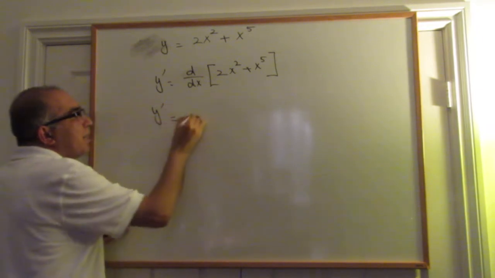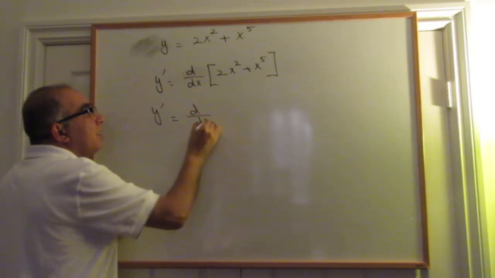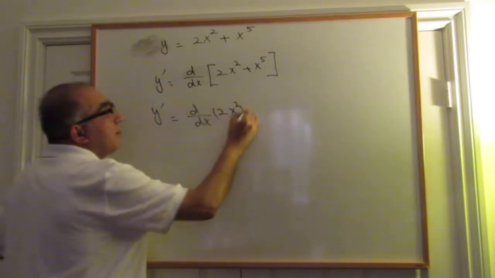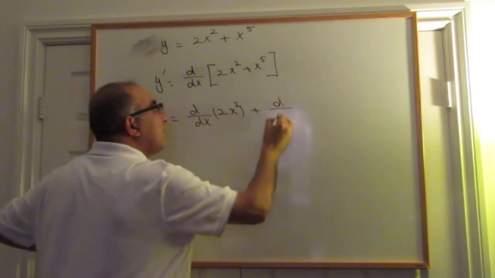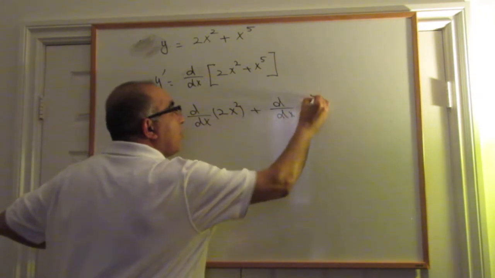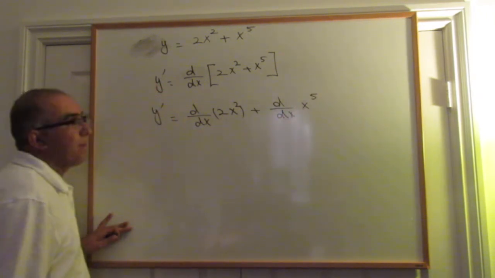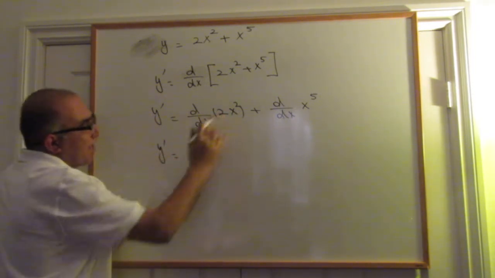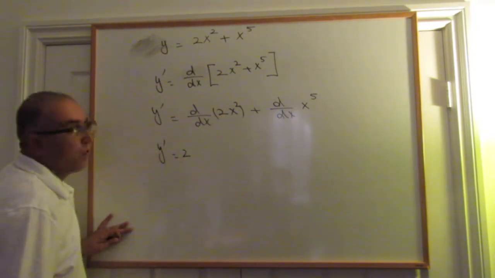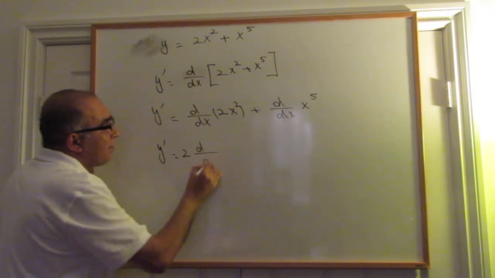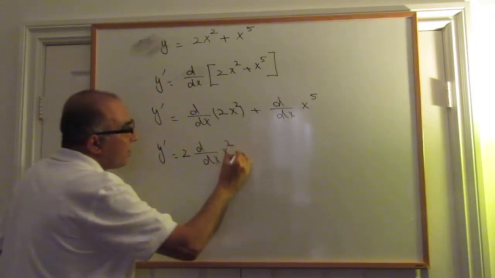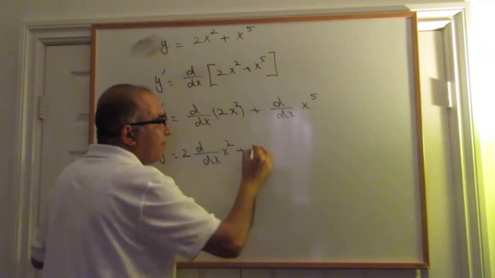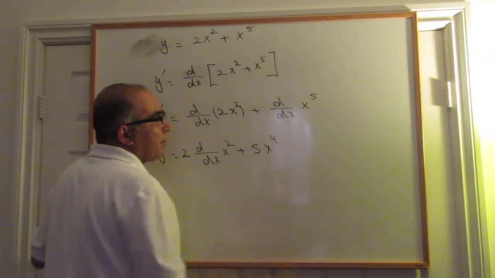Then y prime equals d dx of 2x squared plus d dx of x to the power of 5. Now, here I have a constant. Y prime equals, I can put the constant here too, 2 d dx of x squared plus, what is d dx of x to the power of 5? It will be 5x to the power of 4.